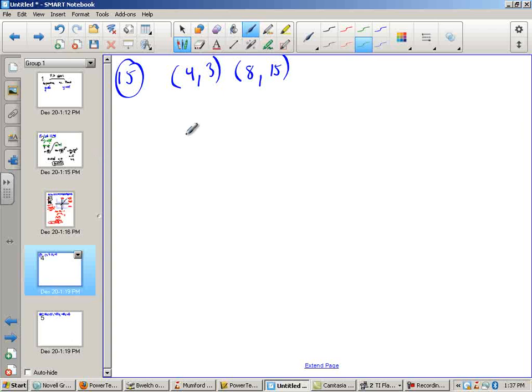We're going to speed the process back up. We're going to go back to a basic equation. We have the power function, which is y equals ax to the b. And again, we need to know what a and b are. So I'm going to plug this in twice. I'm going to get 3 equals a times 4 to the b. And I'm also going to get that 15 equals a times 8 to the b.